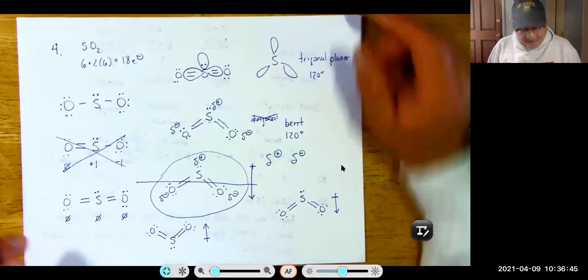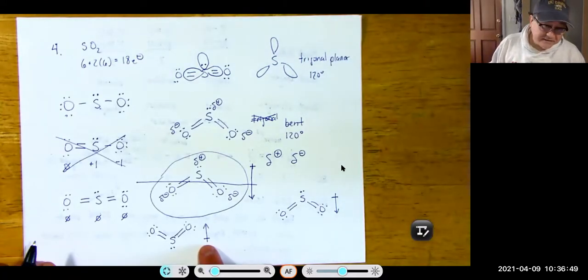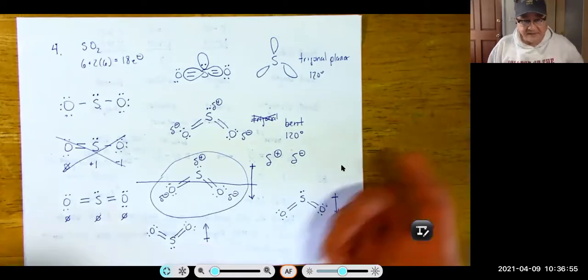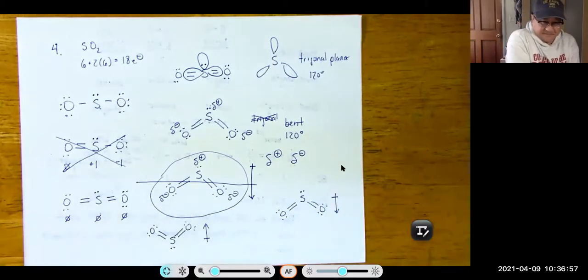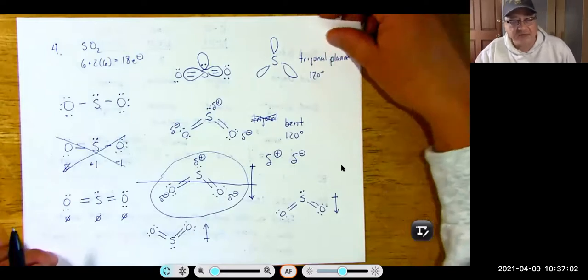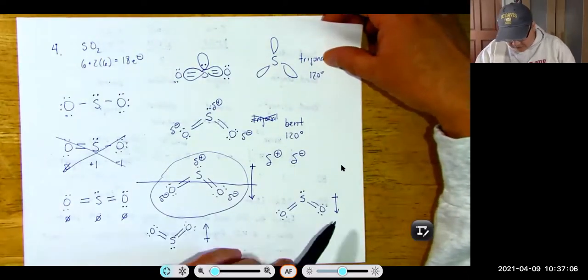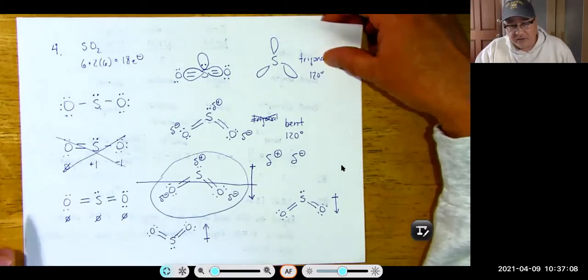But another way to think about it is the plus side. Do you see how that looks like a plus sign on the bottom? The plus sign goes on the electropositive side, or the less electronegative side. So the way you draw the arrow compared to the molecule matters. You know, the arrow should match the molecule.